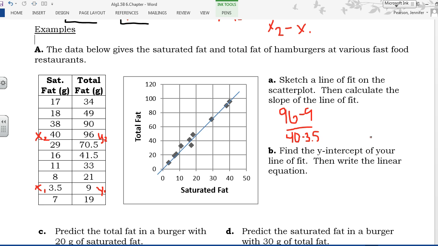On the numerator, 96 minus 9 is 87. And on the denominator, 40 minus 3.5, that is 36.5. So then my slope is 2.38.